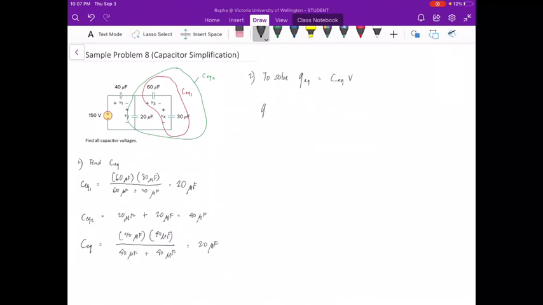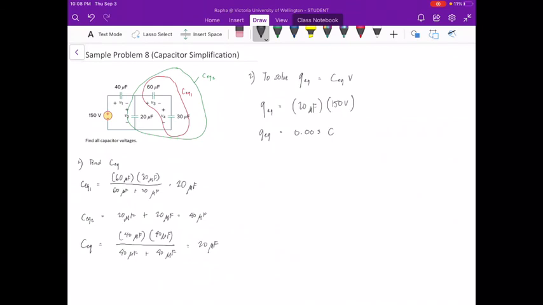So QEQ is equal to the CEQ of 20 microfarad times voltage of 150 volts, and our equivalent charge is equal to 0.003 coulombs, or letter C. That's how we represent our charge.